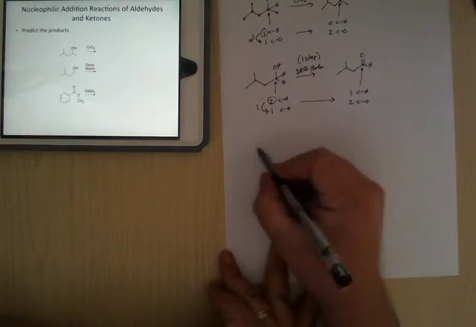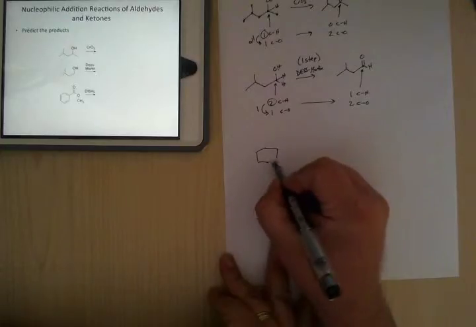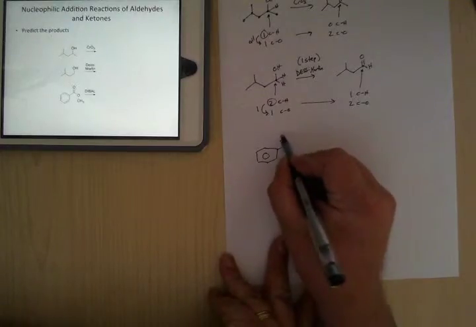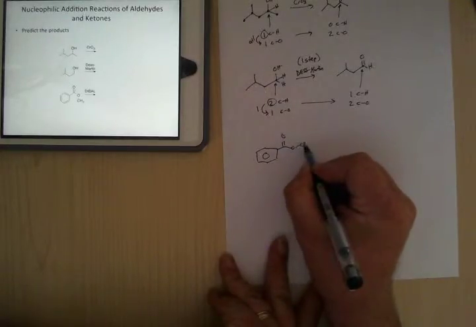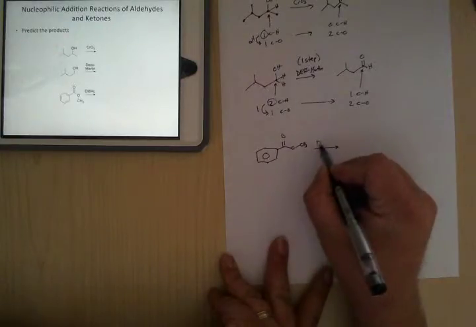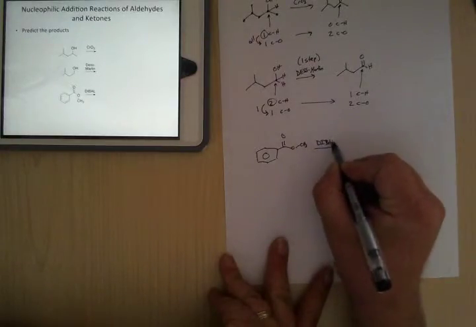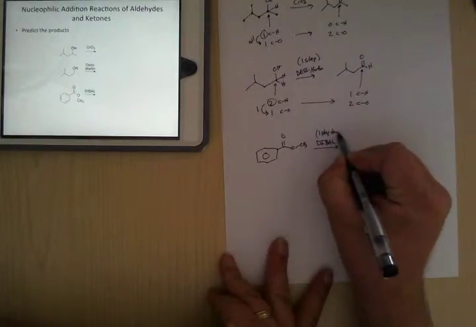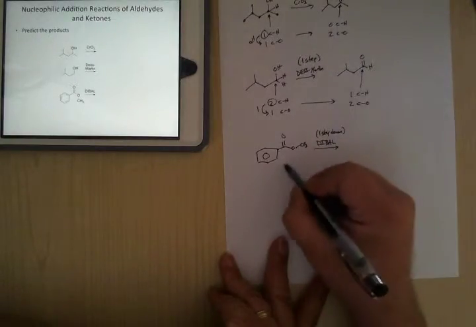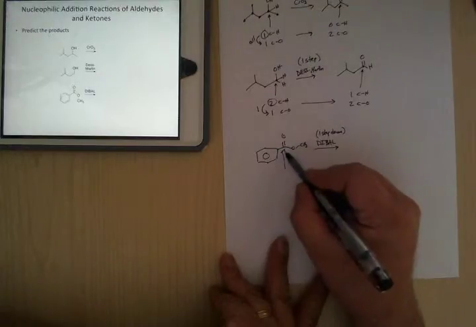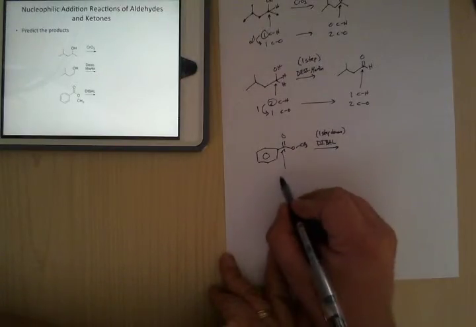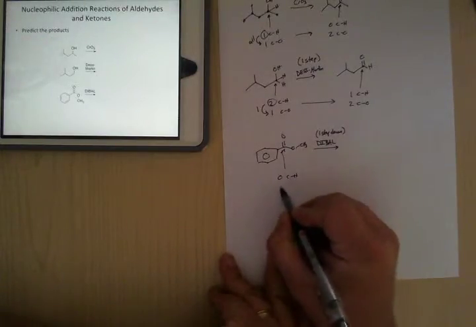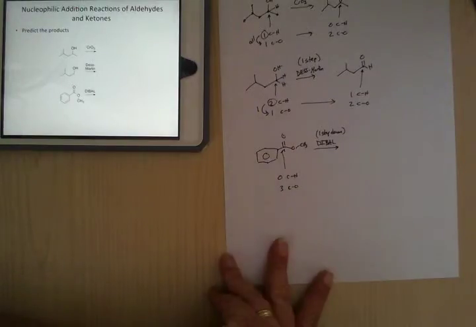Okay. Now for DIBAL, again, for this, it's one step down. We're interested in that one, where the oxygens are. That has no carbon-hydrogen bonds, but it has 3 carbon-oxygen bonds.